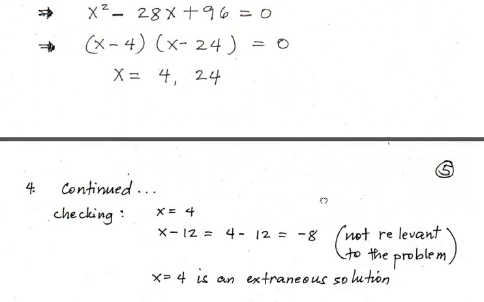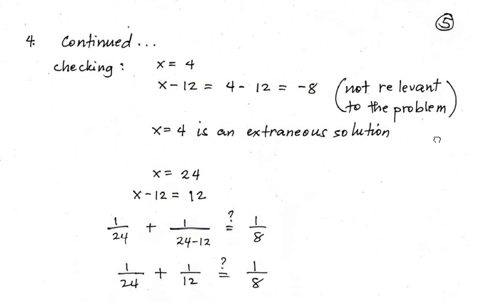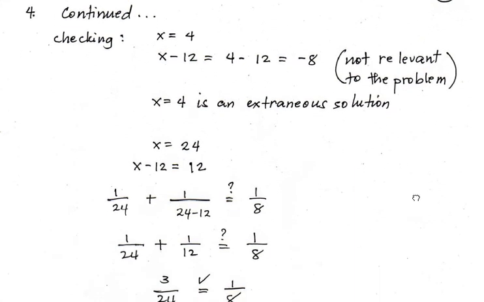Now, we're not yet done because we have to check the validity of the two values of x, whether we can take x equals 4 or x equals 24. Let's see. Checking it, if we take x equals 4 hours, then x minus 12 will become negative 8. We know that x is the number of hours Tom worked alone, and x minus 12 is the number of hours Jerry painted the fence.